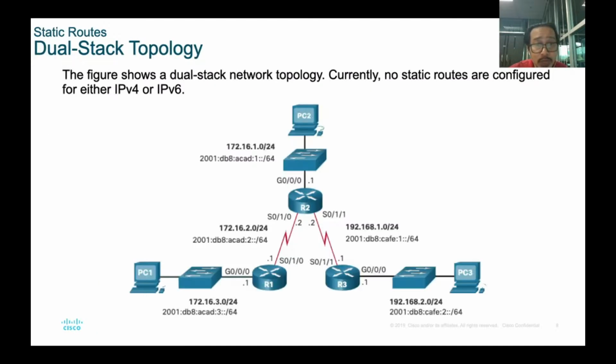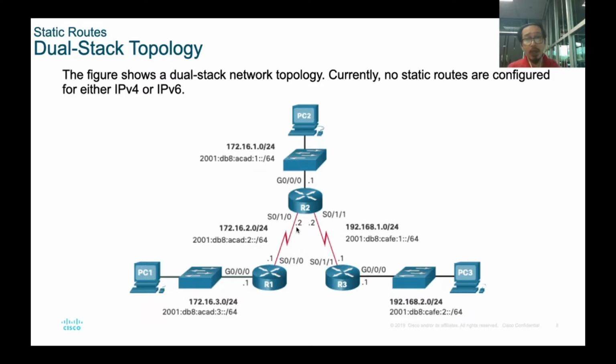Let's take a look at our diagram back. Where is 1.0? 172.16.1.0 is connected through R2. So from the point of view of R1, in order to go to that network, we must go through R2. So their next hop is the IP address of serial 0/1/0 of R2, which is 172.16.2.2 here.